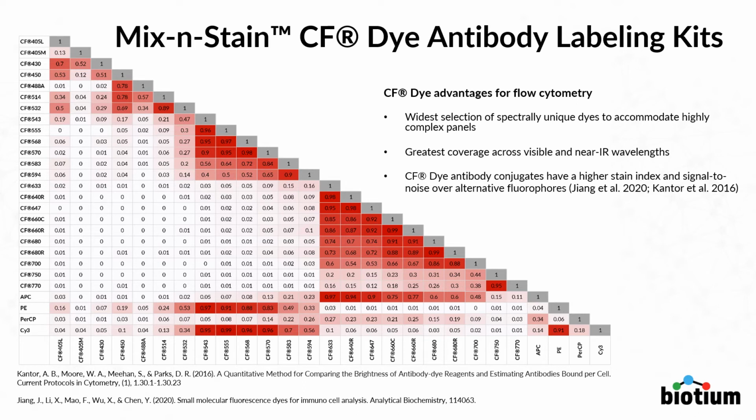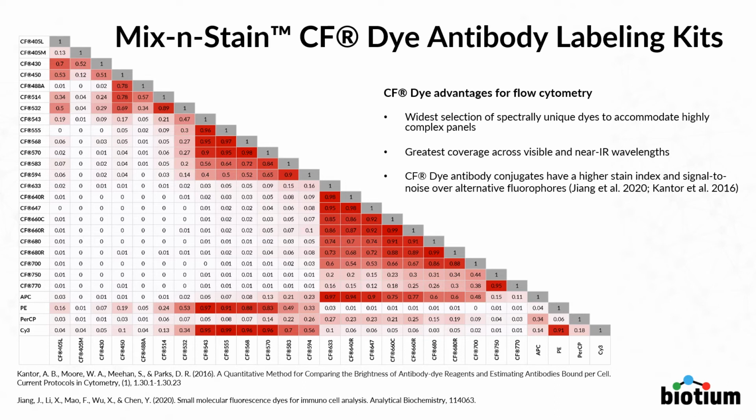And this is particularly relevant with spectral flow cytometry, which is now able to accommodate 40 color panels. And so our dyes have actually been published with the help of SciTech in these types of panels, and shown to really pave the way for producing highly complex panels because of our spectrally unique dyes.